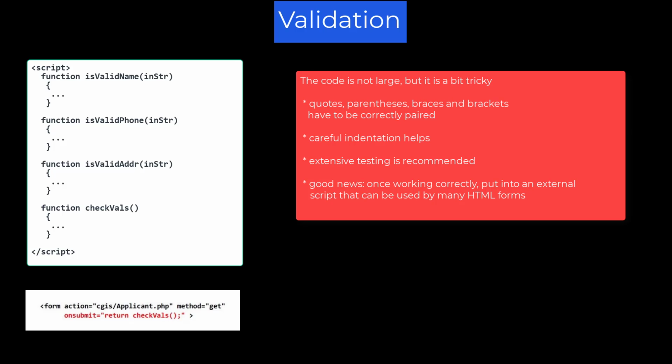Quotes, parentheses, braces, and brackets all have to be correctly coded and matched. Careful indentation can help you with a visual check. Still, extensive testing is recommended. The good news is, once you have these routines working, you can put all the isValid-XXX functions in one external script and use them in many pages that have forms.